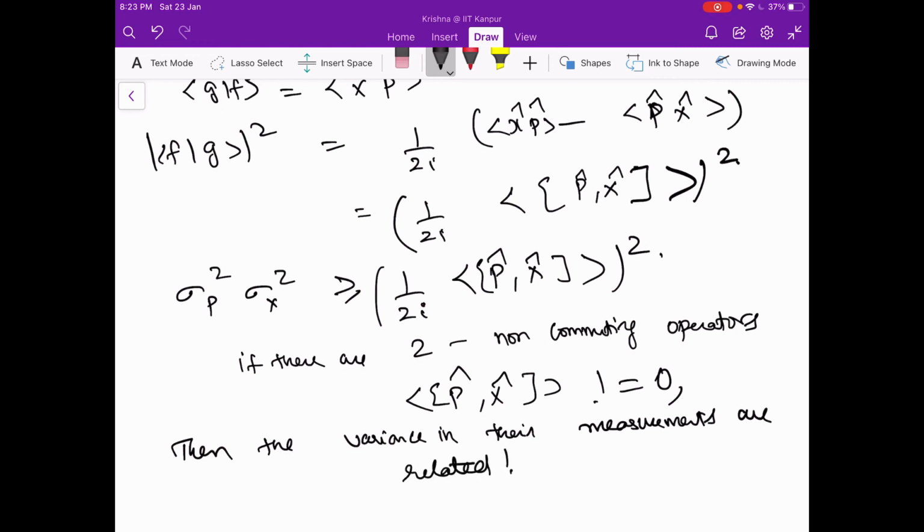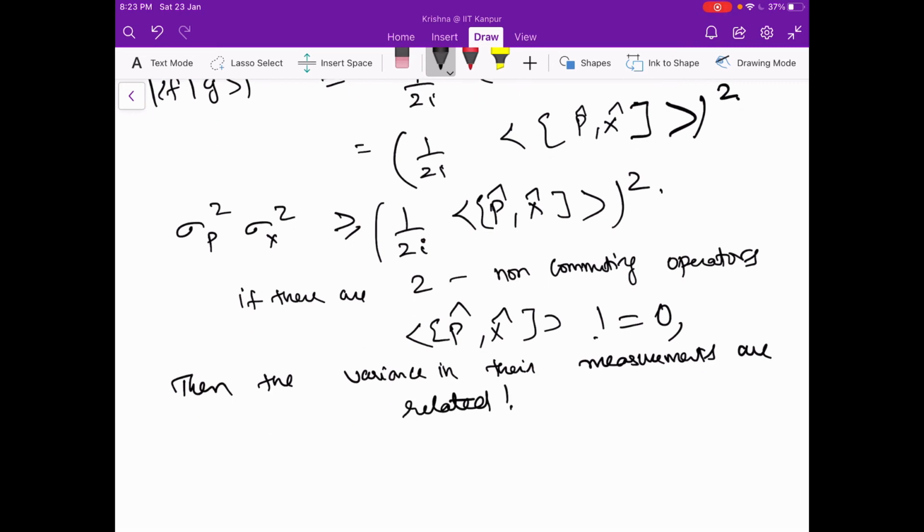So what I mean is, you cannot measure both the operators, both the functions, to arbitrary accuracy simultaneously. You can measure one of them at arbitrary accuracy, then the accuracy in the other gets disturbed, because that's how this is, right? So if the variance in one operator turns out to be 0, obviously the other one blows to infinity, right?